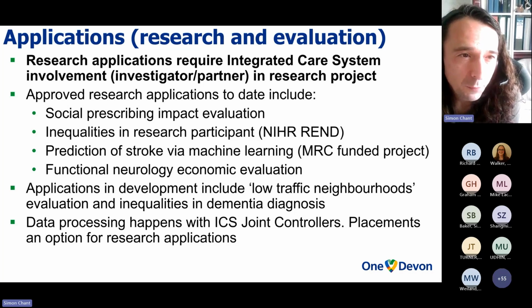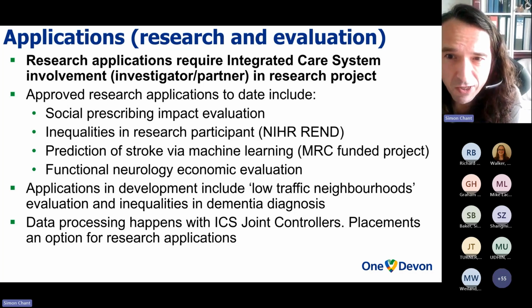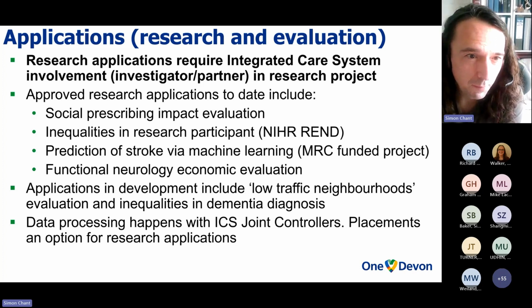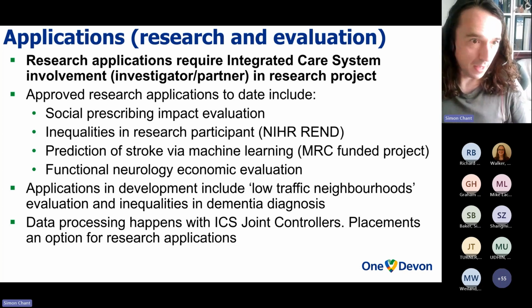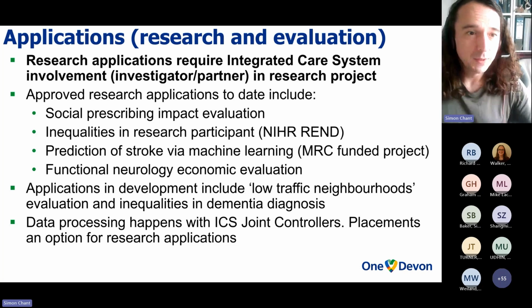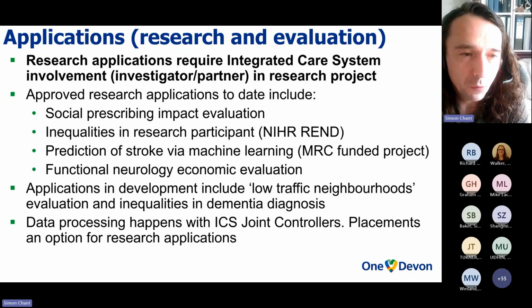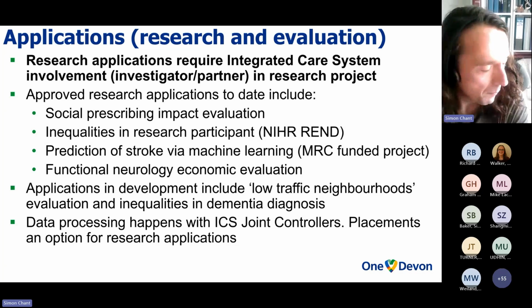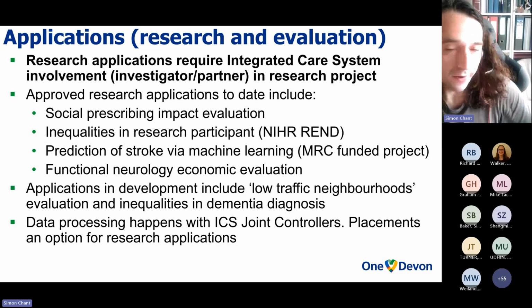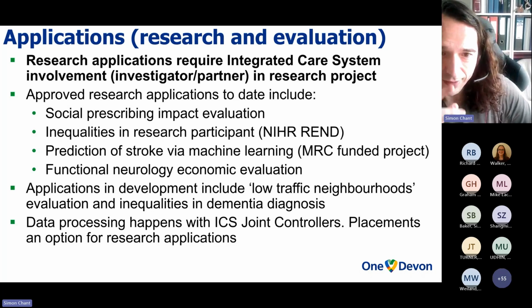And in terms of the approved research applications to date, we've done a social prescribing impact evaluation. So that's initial work done and an ongoing project within Exeter to take that forward. We've also got a project called Inequalities in Research Participation, which is through the NIHR REND programme. So I'll say more about that in a second.